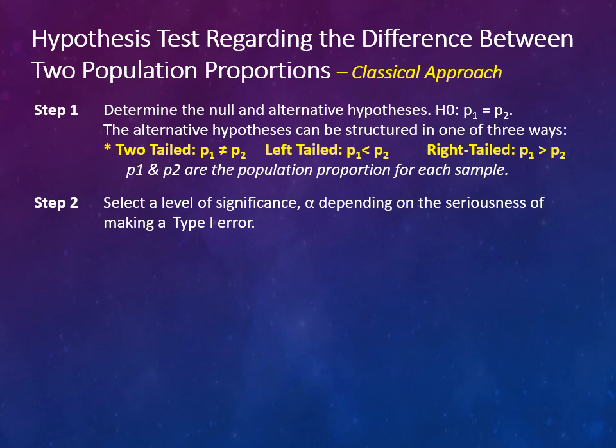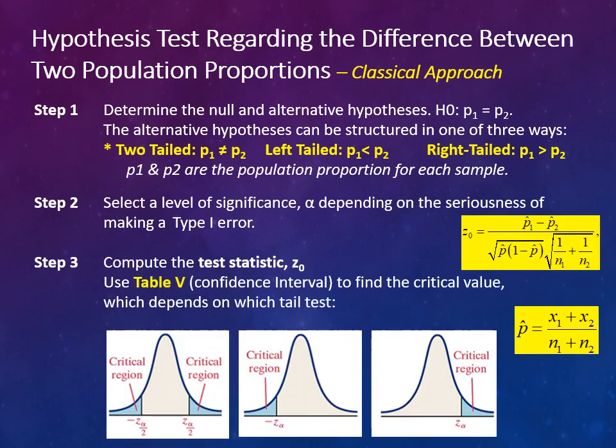Step 2, we're selecting a level of significance alpha depending upon the seriousness of the type 1 error. And step 3, we're calculating the test statistic z naught. You can see the calculation here where we have p hat 1 minus p hat 2 all over the square root of p hat times 1 minus p hat times the square root of 1 over n1 plus 1 over n2.